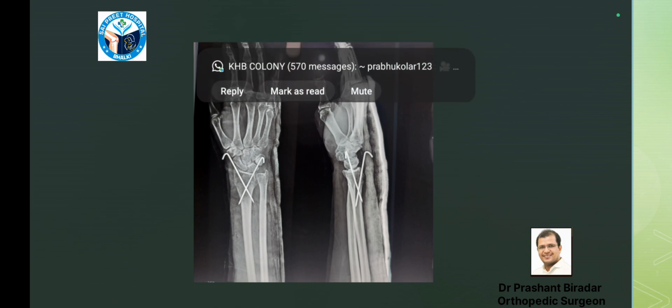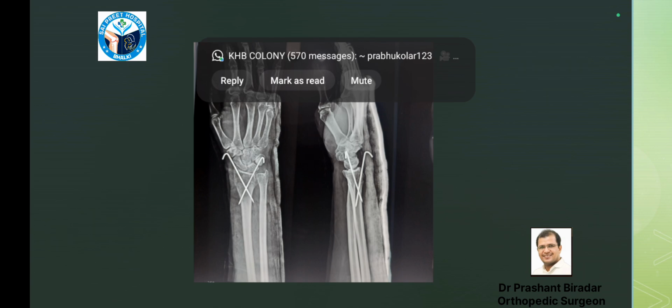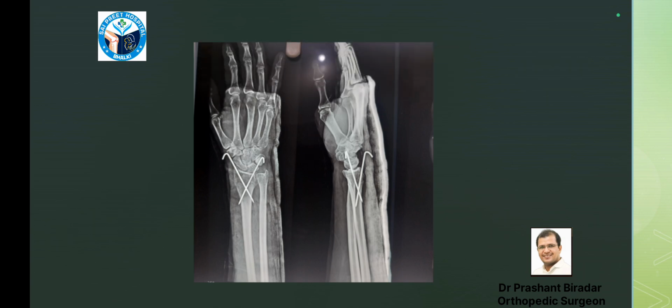As the patient presented late, we had to give anesthesia. If the patient comes immediately after the fall, we can reduce it under local anesthesia and it will come easily. But once the patient has taken primary treatment somewhere else and comes to the orthopedic surgeon after 4, 5 or 8 days, reduction of the fracture is very difficult under local anesthesia because of the pain and stiffness, and sometimes they get massage done also, so the stiffness increases.